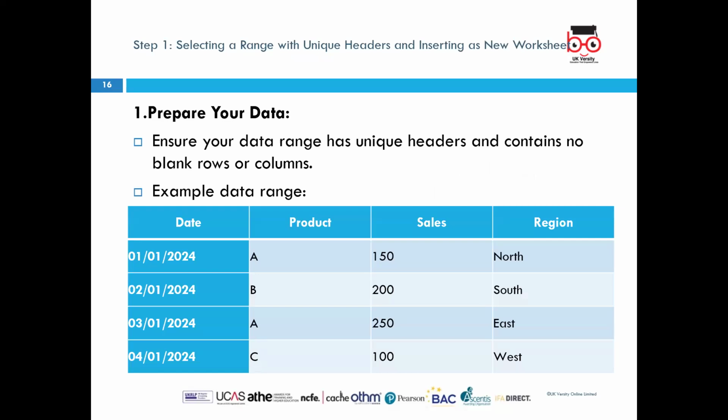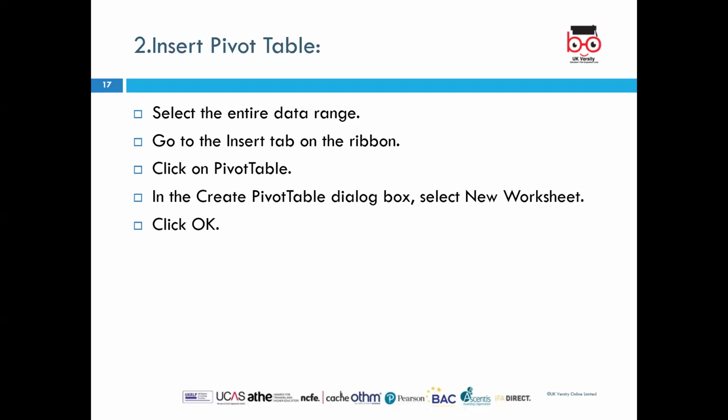We'll go step by step. We're required to prepare our data, where we ensure that we have a range that has unique headers and contains no blank rows or columns. So we now have our initial table.